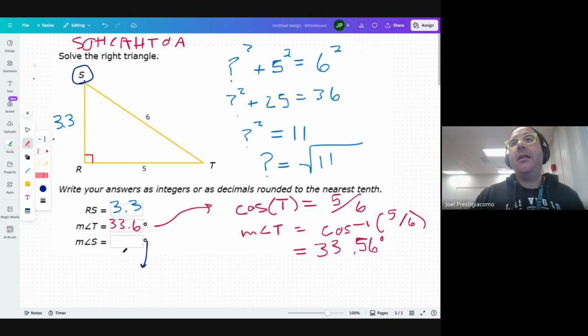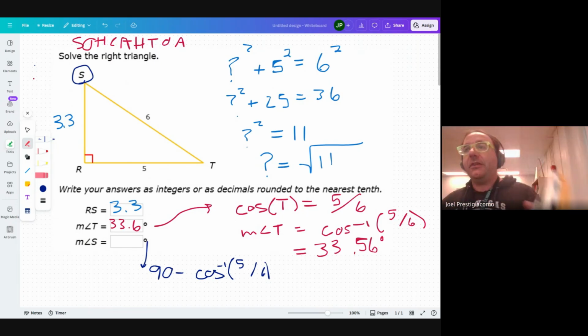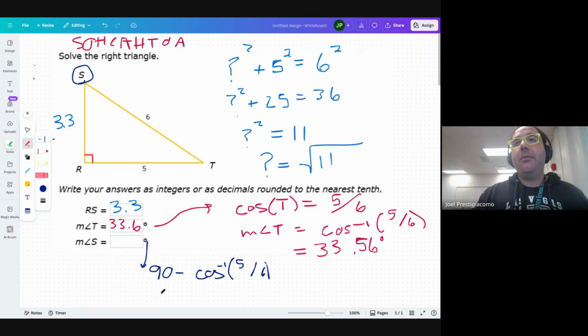Please don't use that. But you can just do 90 minus the inverse cosine of 5 over 6, right? So if I do 90 minus the inverse cosine of 5 over 6, it's going to give me an answer with a bunch of decimals, and I'm avoiding any problems from rounding.